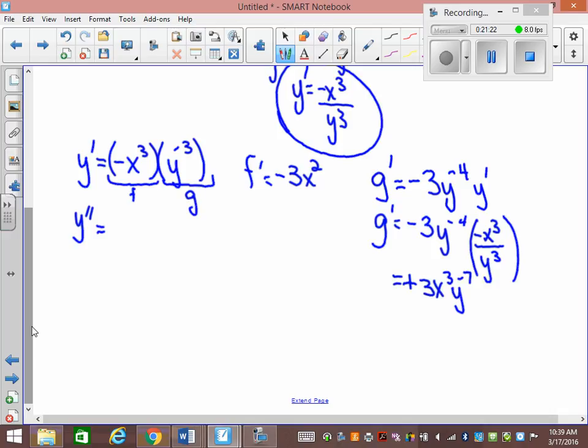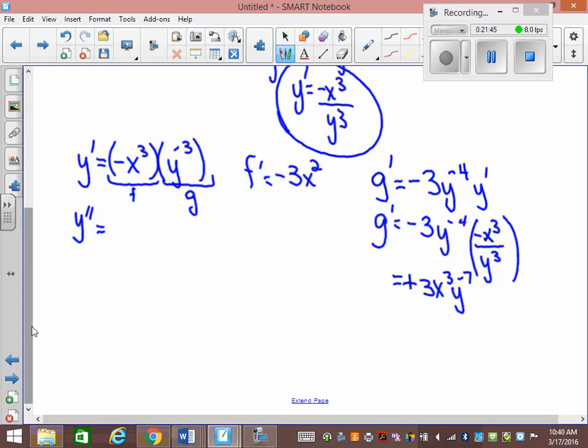Okay? Some people fill it in with the y prime into their product rule, and then at the end, when they go to simplify, then they simplify it. I like doing it right then and there, and then it's gone and we don't have it anymore. Okay, so remember you could do f times g prime plus g times f prime, or g times f prime plus f times g prime. It doesn't matter which way you do it because it's product rule.